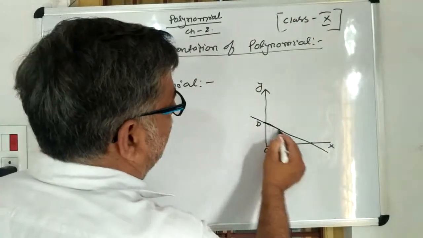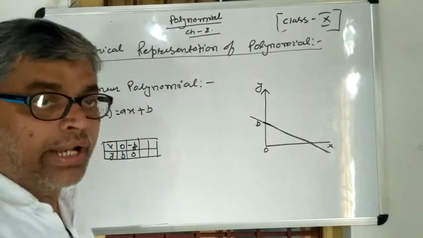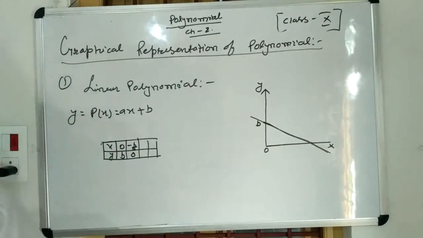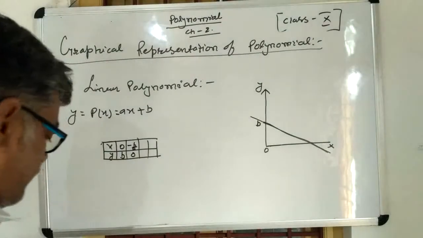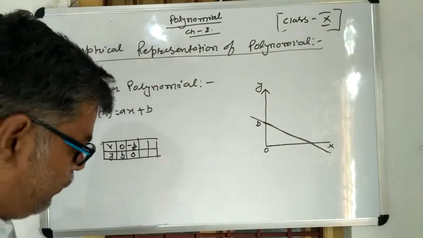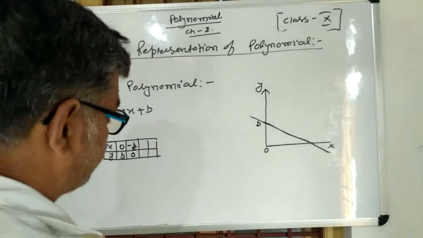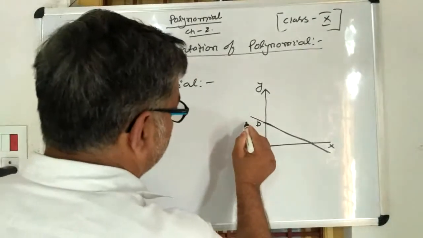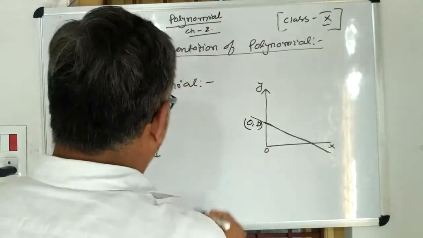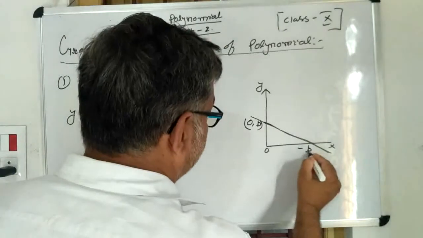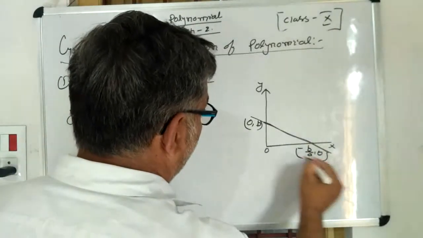As you know, the graph of a linear polynomial is a straight line. The points are (0, b) and (minus b by a, 0).